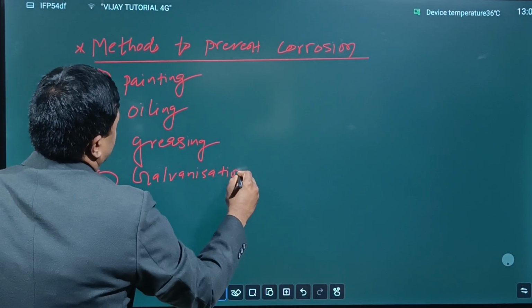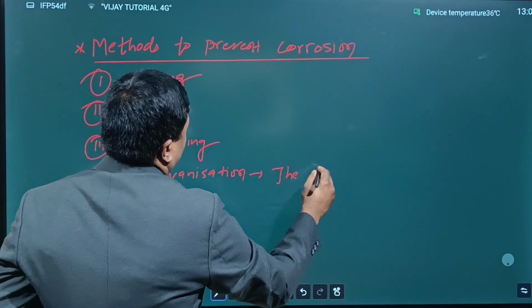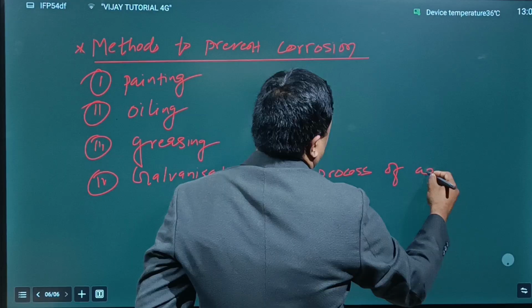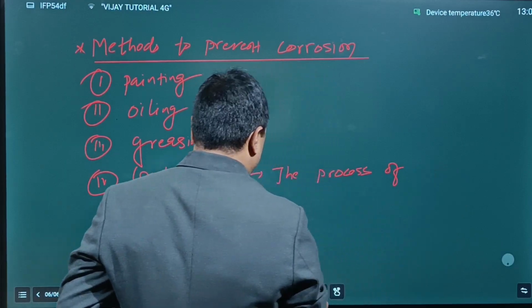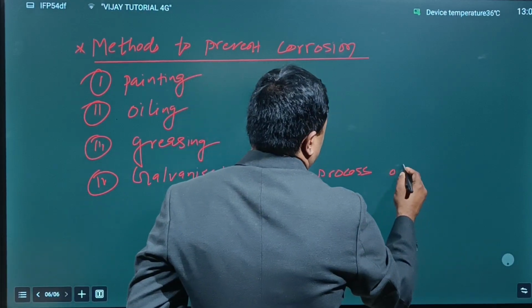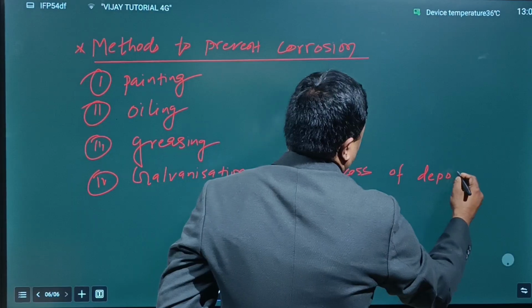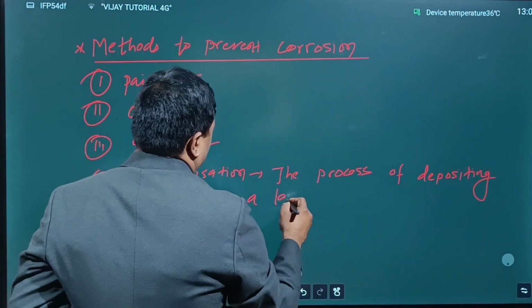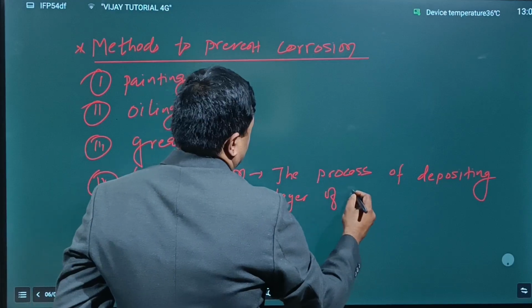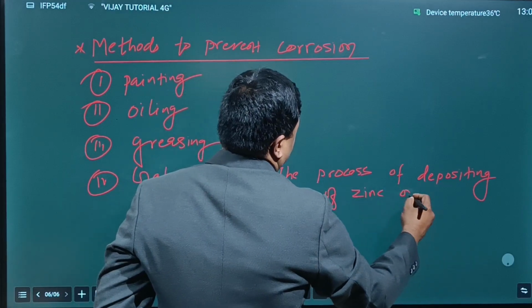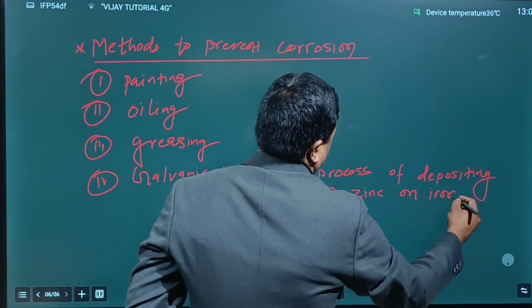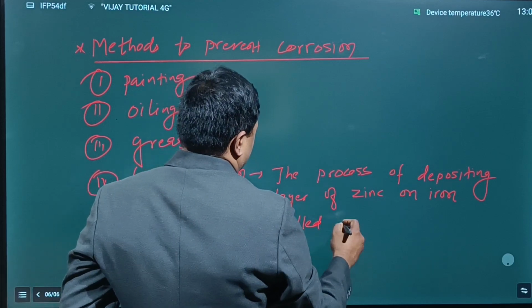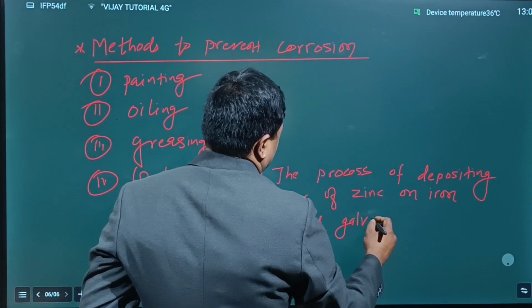They may ask you an MCQ: the process of depositing a layer of zinc on an iron article is called galvanization.